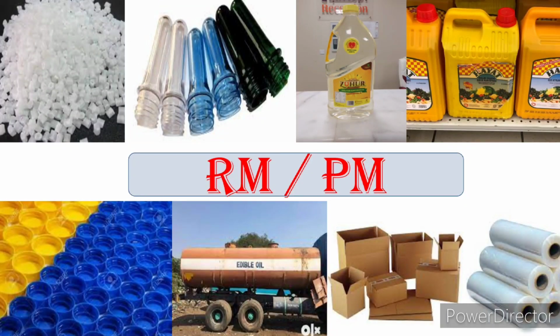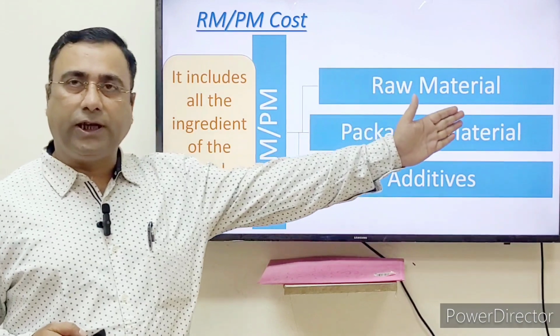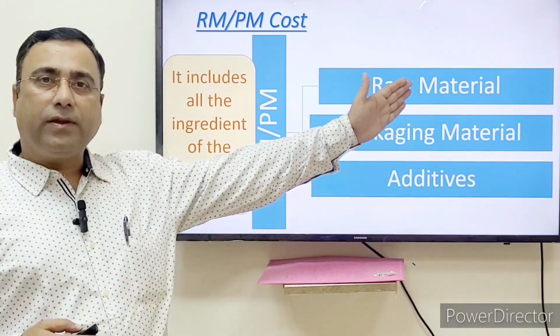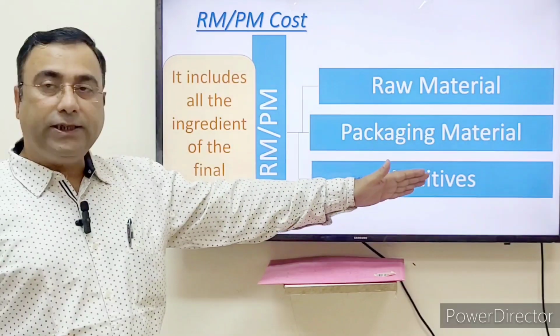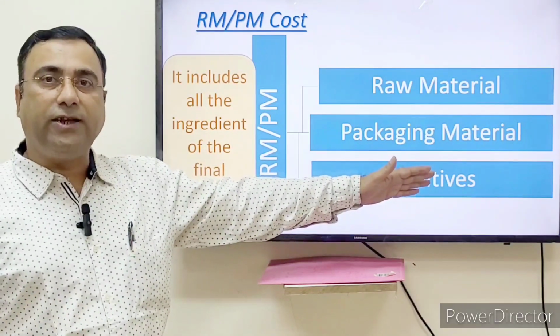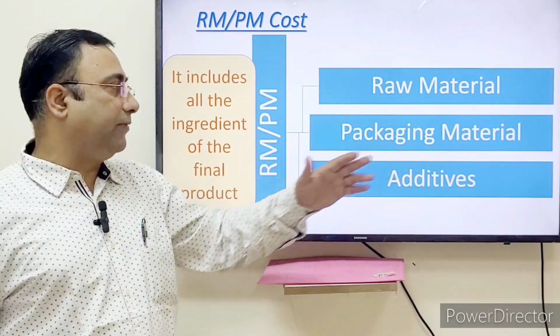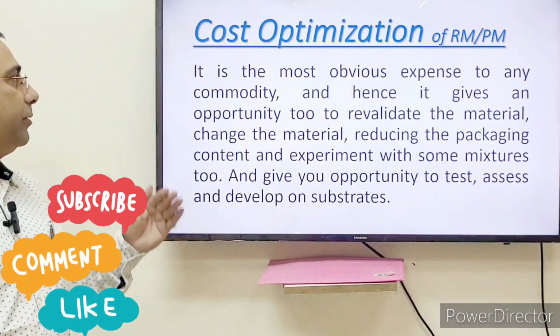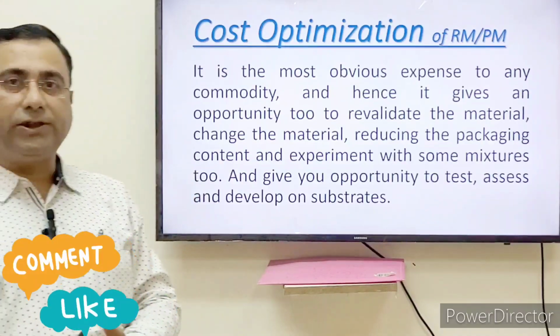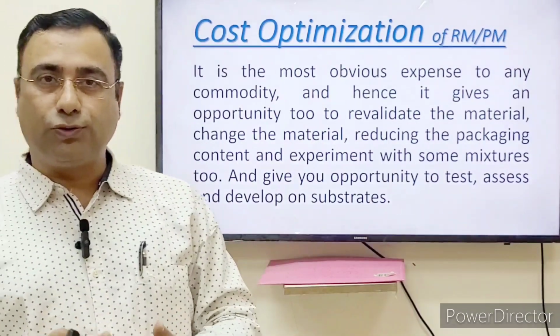So the next one is RMPM. In RMPM, there are three terms here: raw material, that is all your ingredients, then packaging material, and finally the additives to increase the shelf life or to give extra flavor. Cost optimization of RMPM is the most obvious expense, as this is the material that you want to sell.